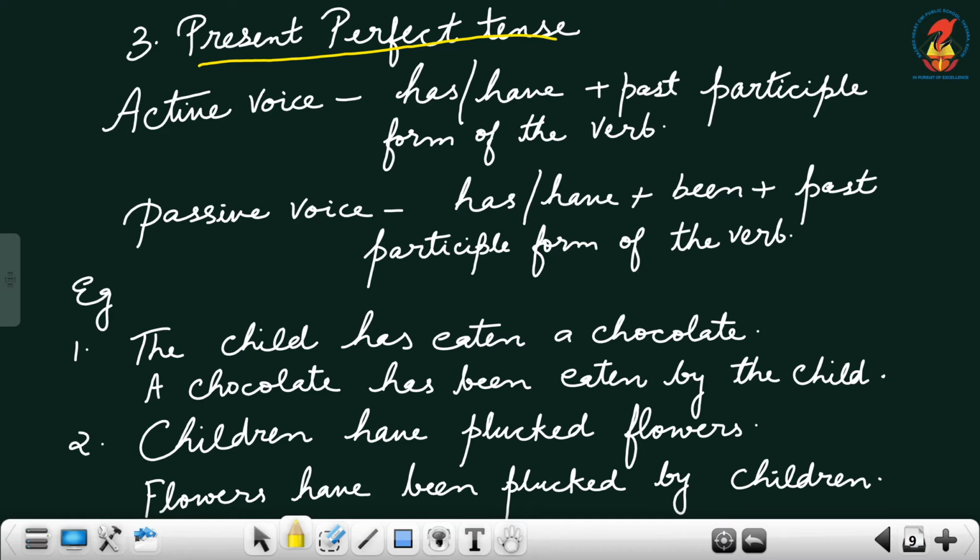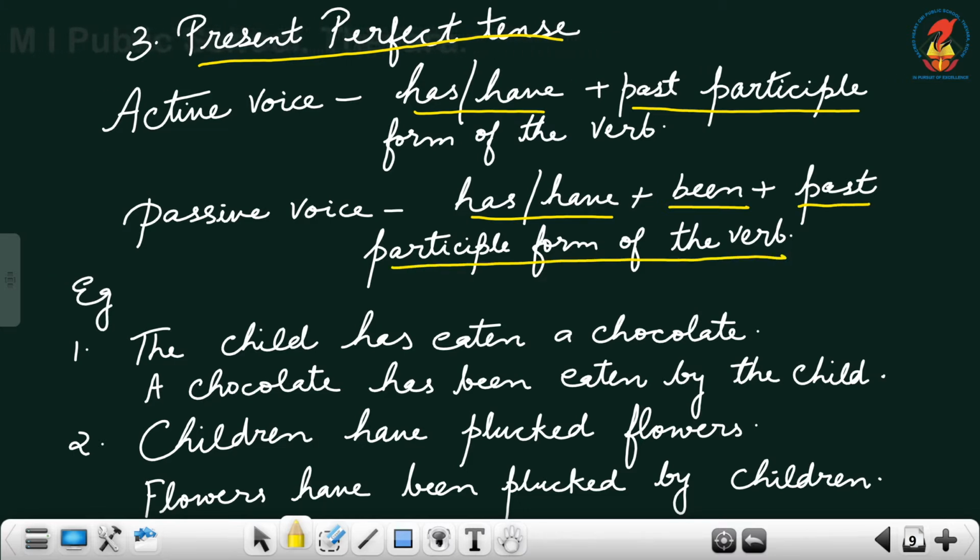In the present perfect tense in active voice, the rule is has or have plus past participle form of the verb. And when it comes to passive voice, you will use has or have plus been. In present continuous, it was B-E-I-N-G, being. Here it is B-E-E-N, been. Has or have plus been plus again past participle form of the verb.